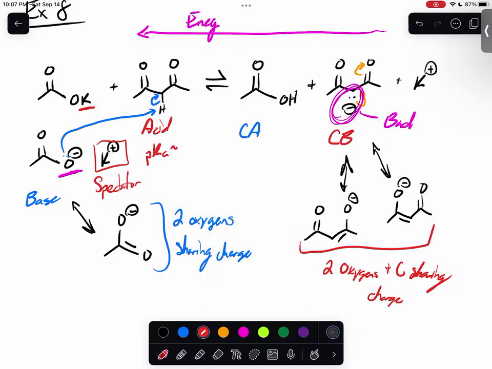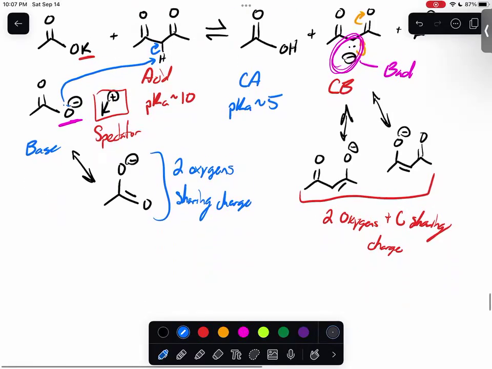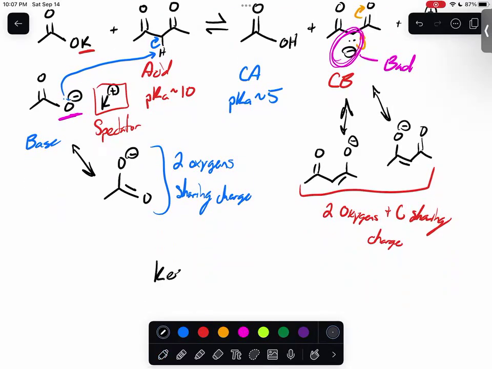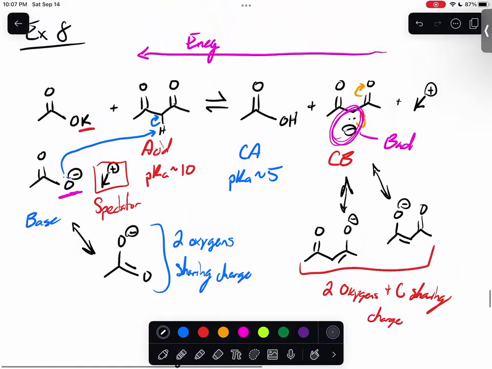It has a pKa of about 10. Whereas the conjugate acid, the carboxylic acid itself, has a pKa of about 5. So our Keq for this overall reaction is 10 to the negative fifth, right? So it does point towards reactants. And so this is an example of one that I wouldn't expect you to immediately know that the carboxylic acid is more acidic, but it helps to know those pKa's.